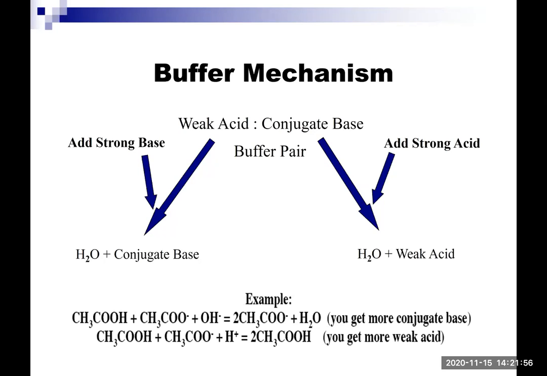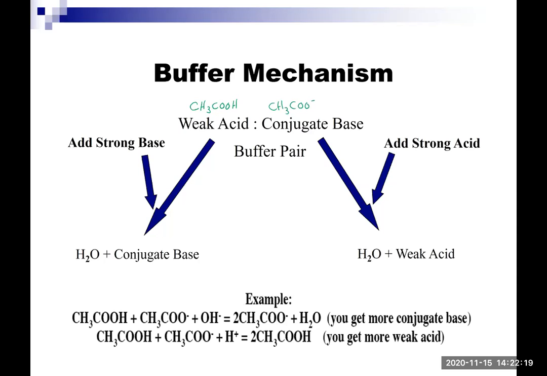So if we're looking at the mechanism of a buffer pair, again, here we have a weak acid and its weak conjugate base. So let's say, for example, that our weak acid is acetic acid. And the weak conjugate base then is going to be acetate.